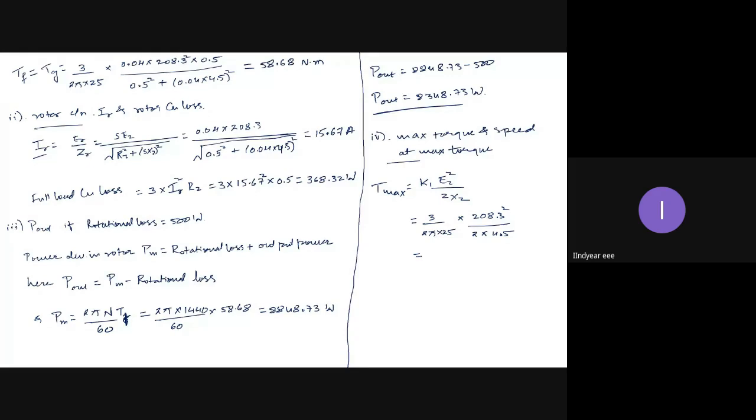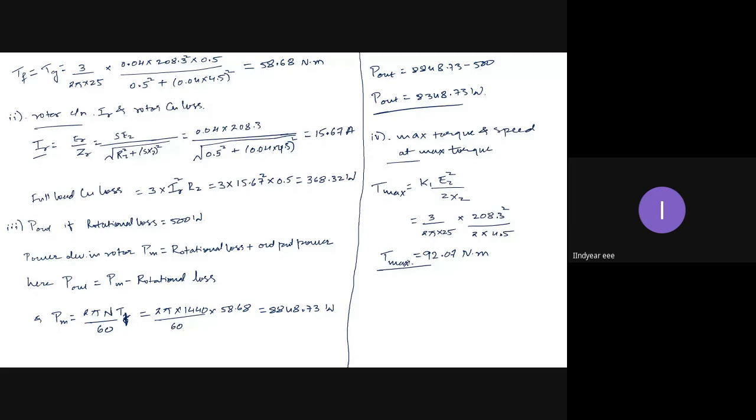It is 92.07 Newton meter. 92.07 Newton meter. And the speed at which it occurs.